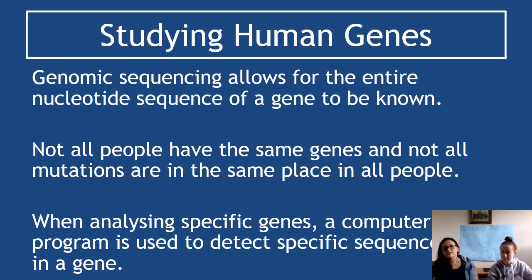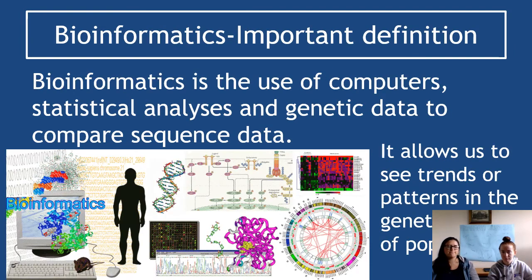When analyzing a specific gene, computer programs have to be used in order to detect specific sequences, because a human brain would explode trying to look through a sequence of millions of bases and spot the odd ones out. A human can't do that quickly enough. It's just not possible. So we use a computer instead, which is going to be much faster and much more accurate than a human.